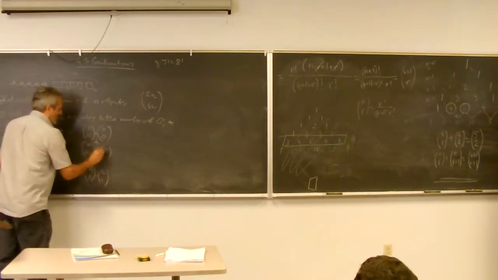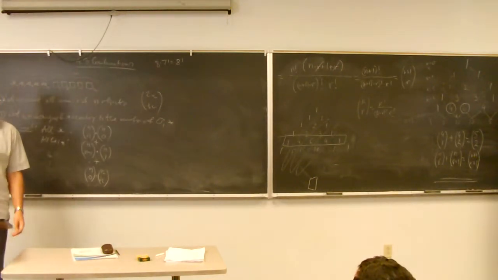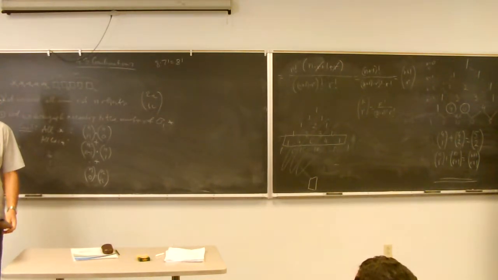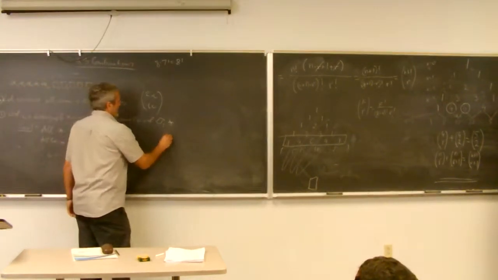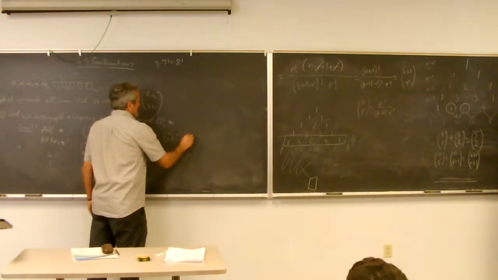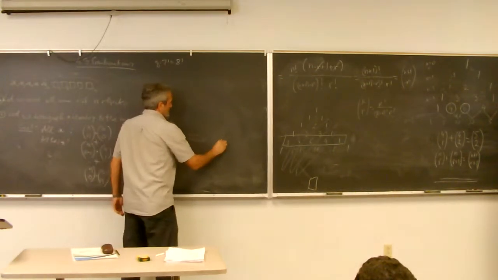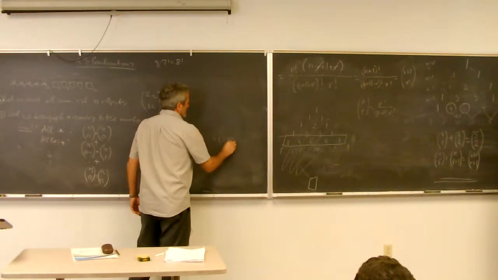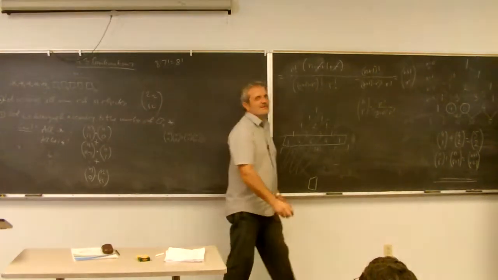When I add them up, should I get 2n choose n? Yes or no? So what did I get? I got the following: n choose 0 times n choose n, plus n choose 1 times n choose n minus 1, and so on, plus n choose n times n choose 0, equals 2n choose n.